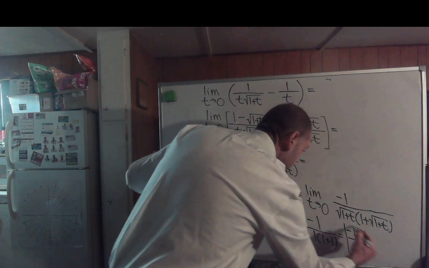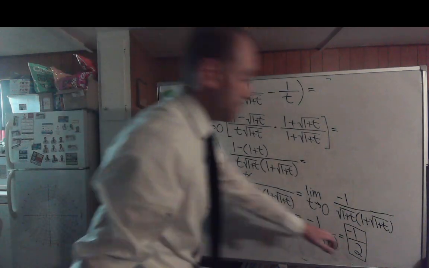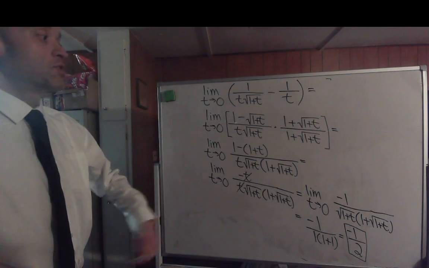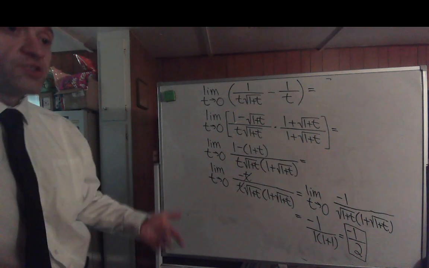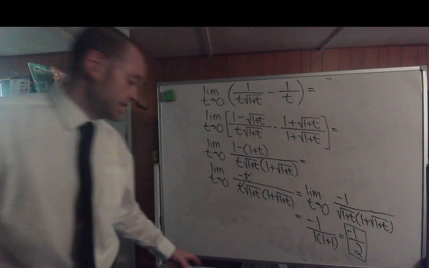So the limit of the original function actually ends up becoming negative 1/2. After you get the common denominator, do the conjugate method, factor out, then do direct substitution, you end up getting a limit of negative 1/2.